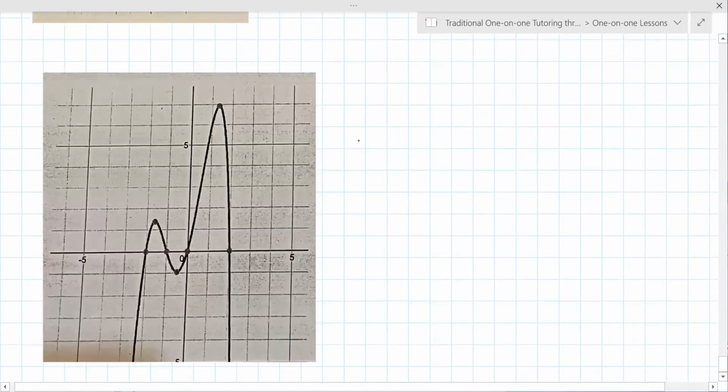Okay, so let's write the polynomial, or f of x. It's x minus the 0. So give me the 1, 2, 3, 4 zeros. The first one is at -2. So that becomes x plus 2 because it's x minus a minus 2.